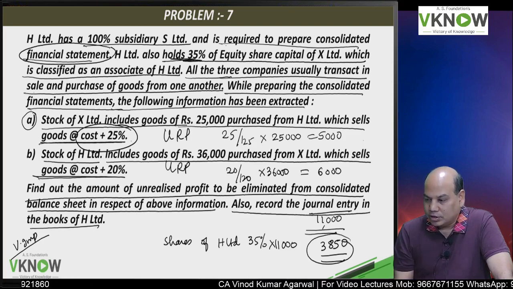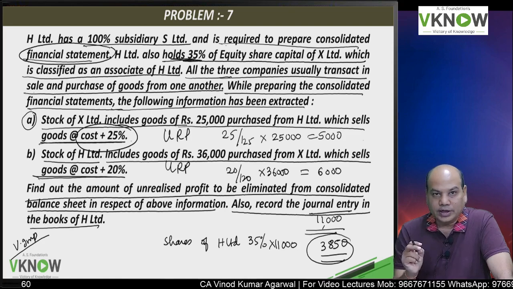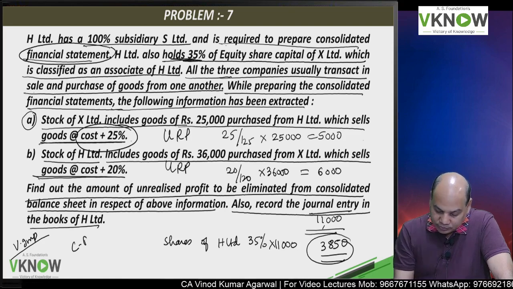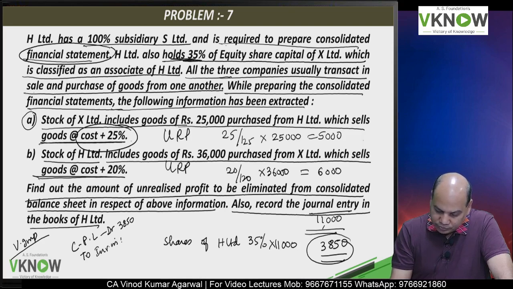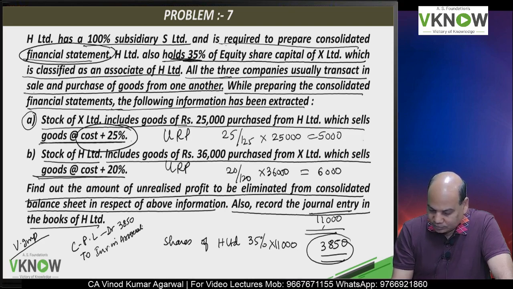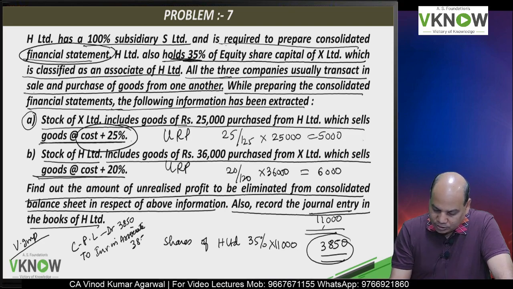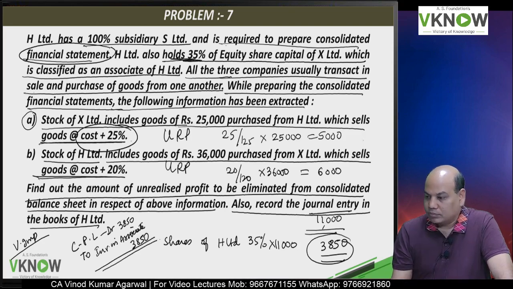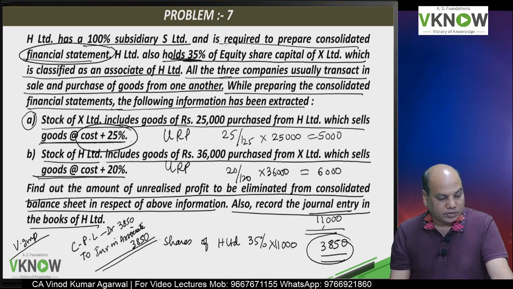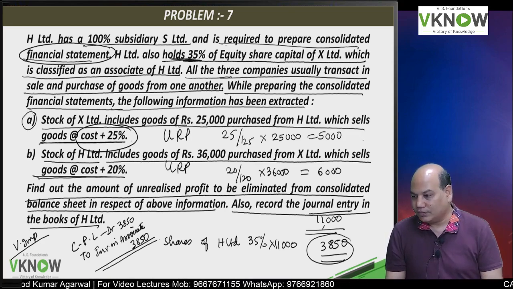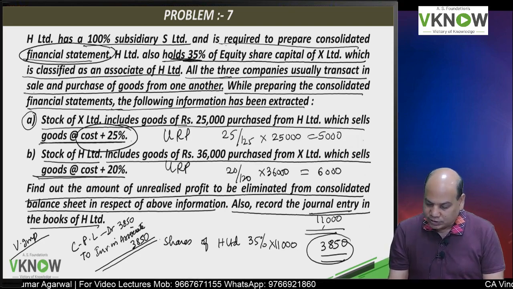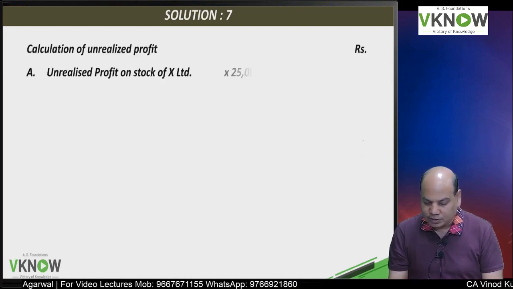Also record the journal entry. So journal entry would be consolidated P&L account debit 3850 to investment in associate 3850. Profit will reduce by 3850. Investment's carrying amount will reduce by 3850. The answer is given in the same way I have explained.